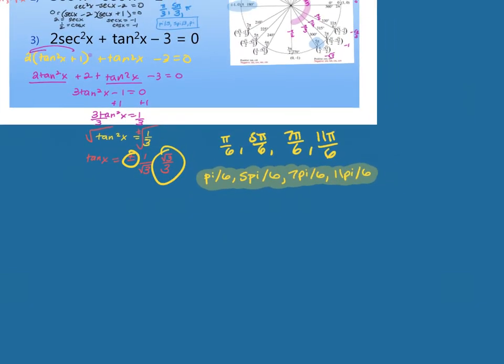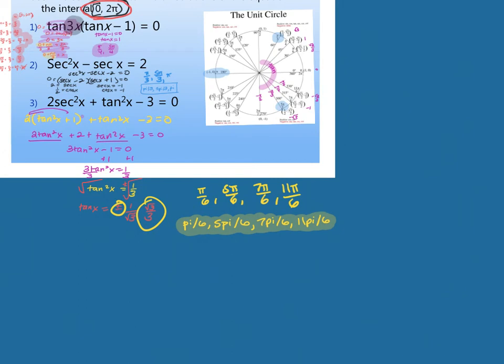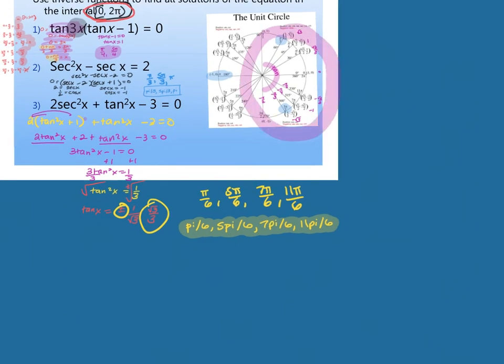So if it didn't give me the interval that time, then I would use just the right side because it's tangent. I would just get pi over 6 and negative pi over 6, and I would add n pi.